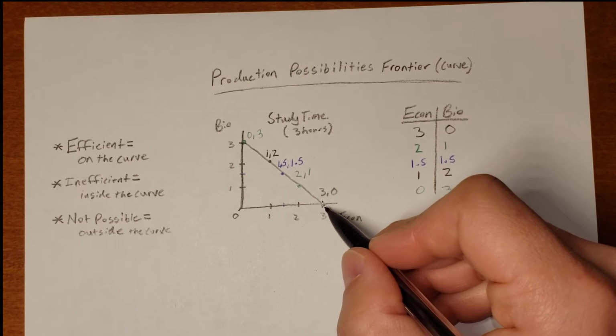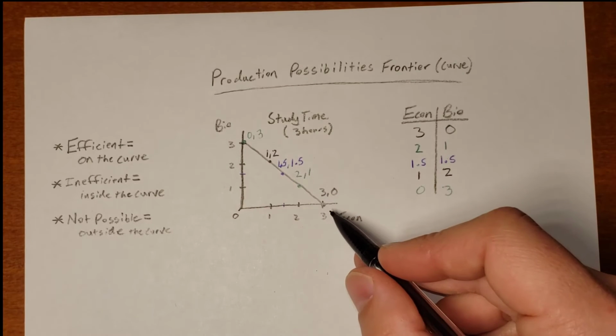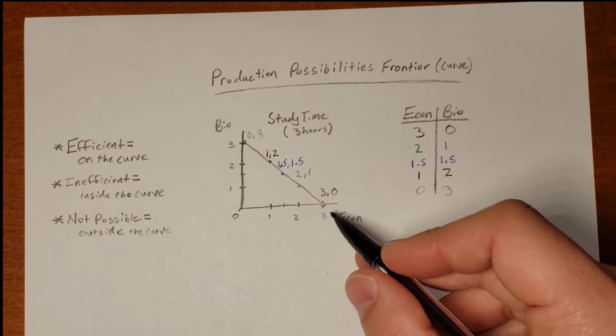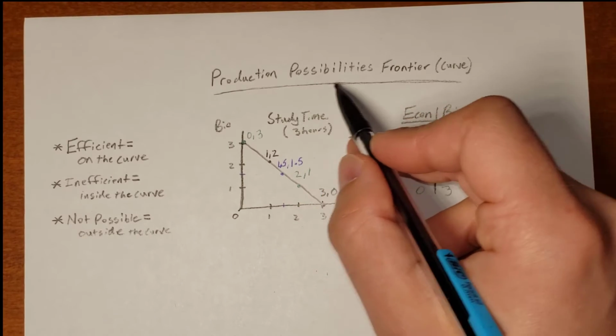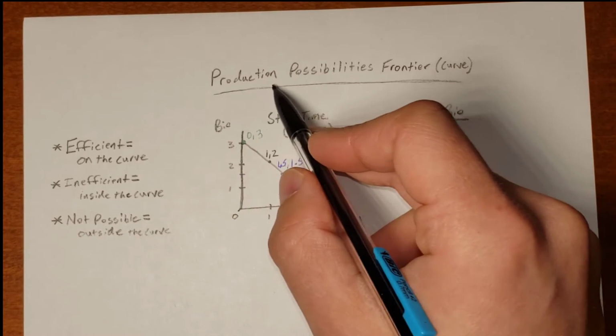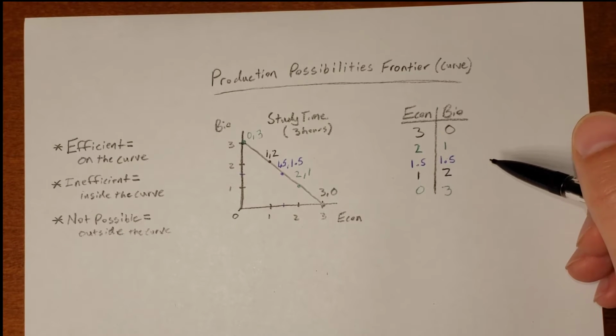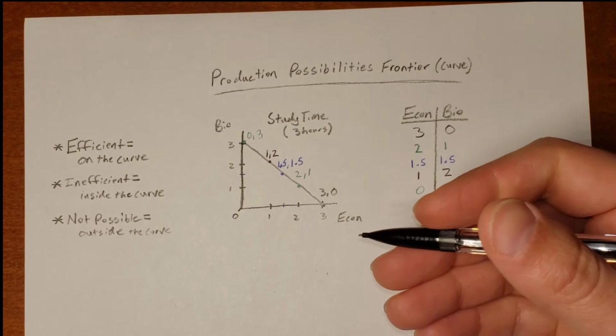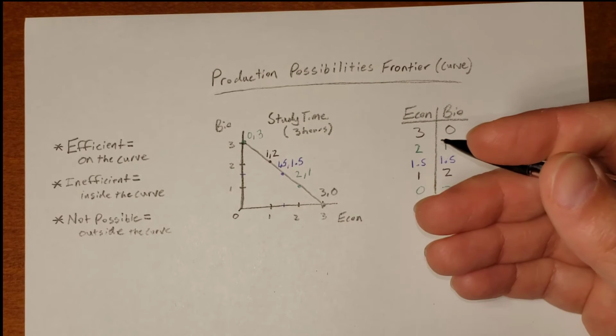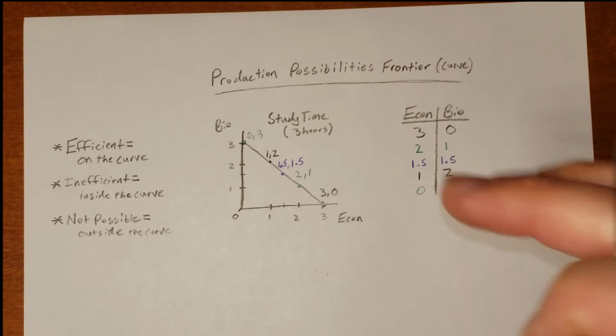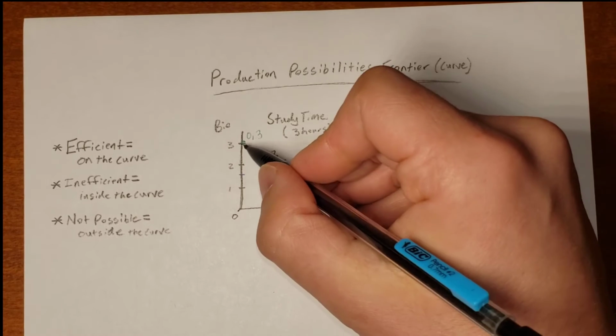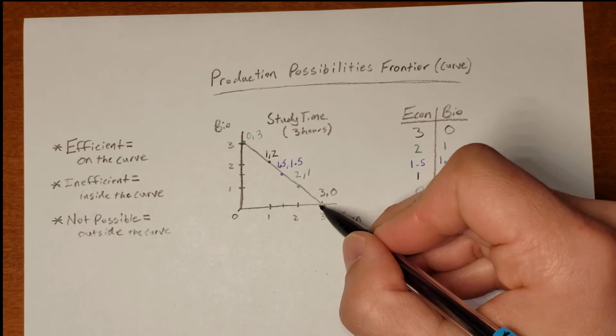But the emphasis here is on how you can efficiently deploy your time. Now, we're not really producing anything here. So when we're looking at production possibilities, normally we're talking about producing something. In this case, we're just studying. So you could think of it as a time allocation frontier, but the concept still holds.